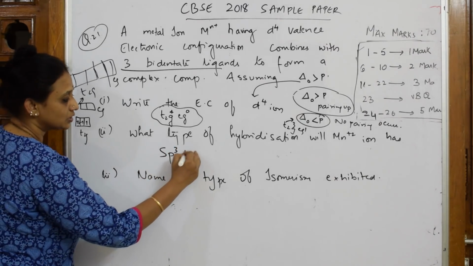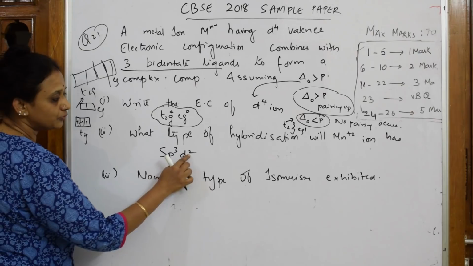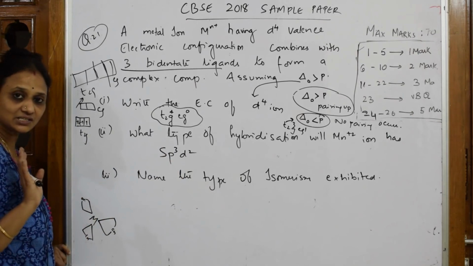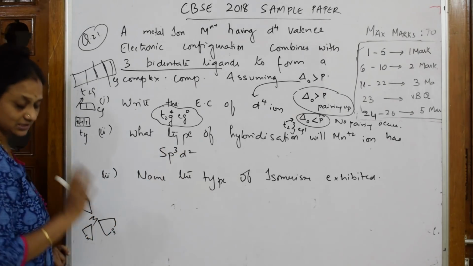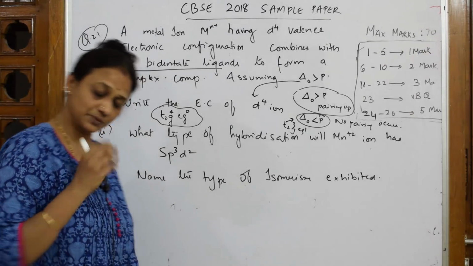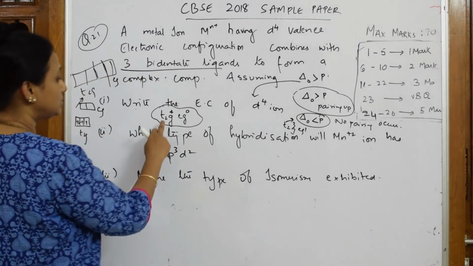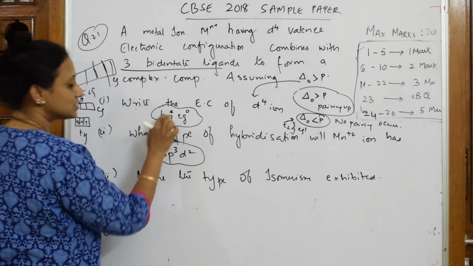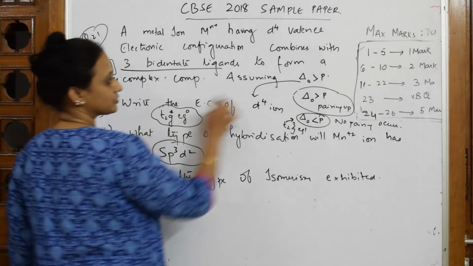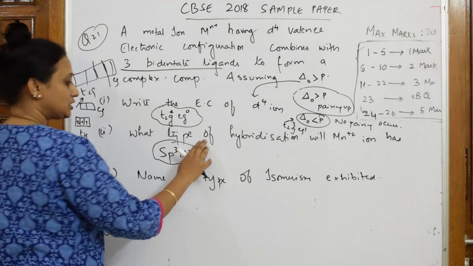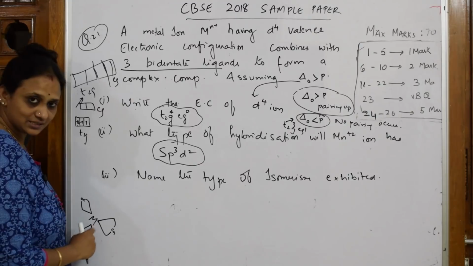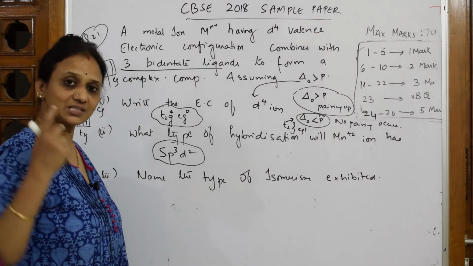Why? Count here, you will easily find 3, 4, 5, 6 sites. That is written sp3d2 hybridization. Here T2G4 is the answer, which I have explained because of this concept. Here sp3d2 because there are 6 donor sites, meaning 3 into 2, 6 donor sites.